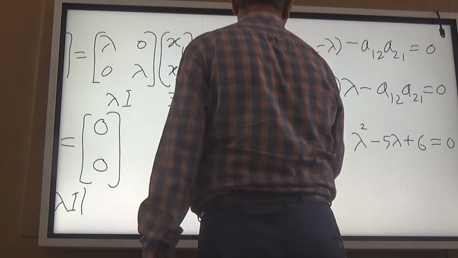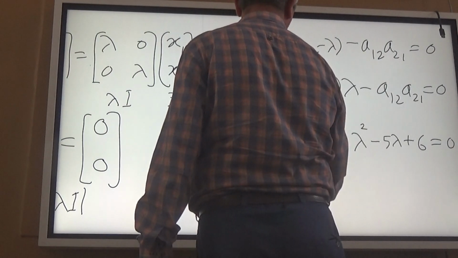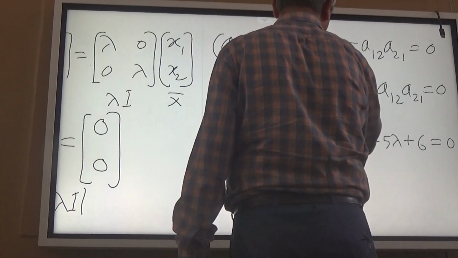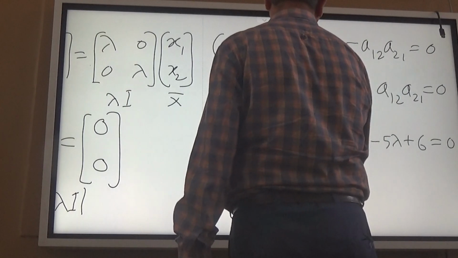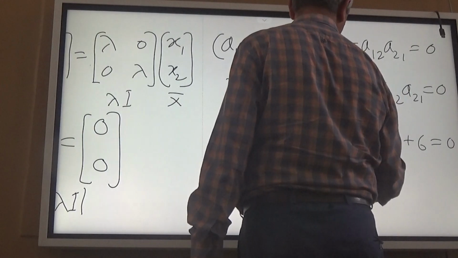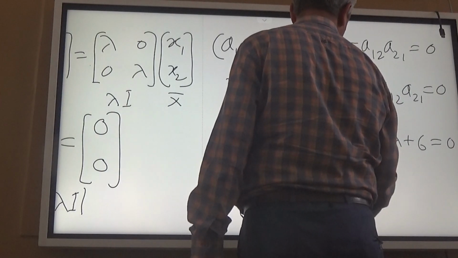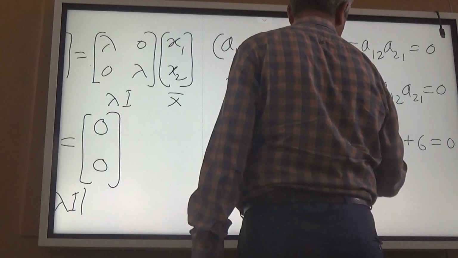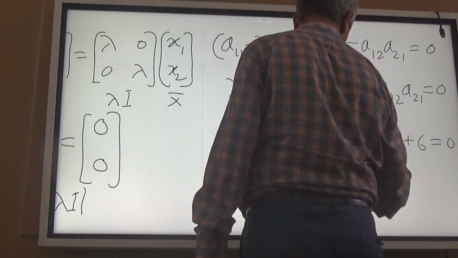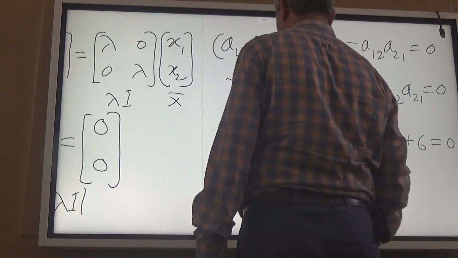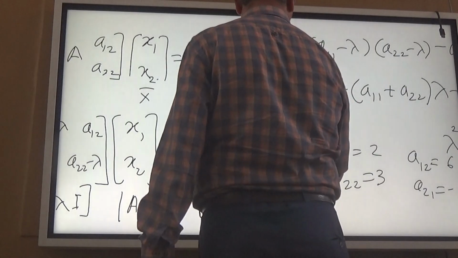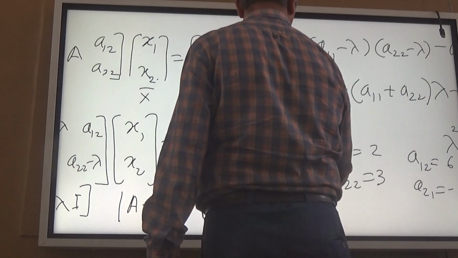A11 equal to 2, A22 equal to 3, A12 equal to, what should we get? Anything will do. So this matrix A11 2, A12 6.